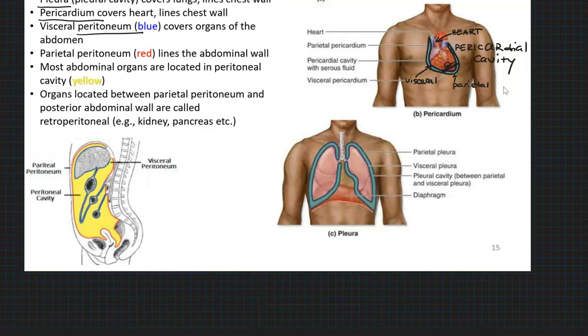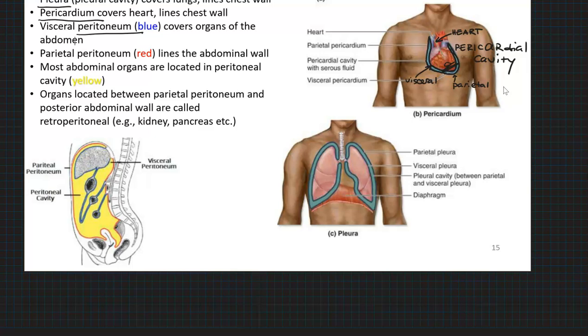Few words, first of all, clinical relevance. Have you heard the term pleuritis or pericarditis? It's inflammation. Something gets there, fluid accumulates. If you have inflammation and fluid accumulation in the space between the heart and the walls of the pericardial cavity, it's called cardiac tamponade. The heart cannot beat properly.